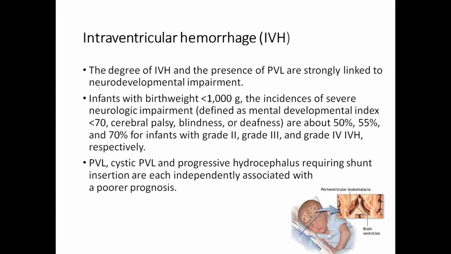Intraventricular hemorrhage: the degree of IVH and the presence of periventricular echogenicity are strongly linked to neurodevelopmental impairment. In infants with birth weight less than 1 kilo, extremely low birth weight, the incidence of severe neurological impairment, defined as mental development index less than 70, cerebral palsy, blindness, or deafness, is about 50%, 55%, and 70% for infants with grade 2, grade 3, and grade 4 intraventricular hemorrhage, respectively.